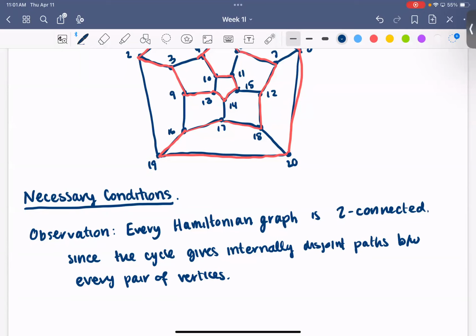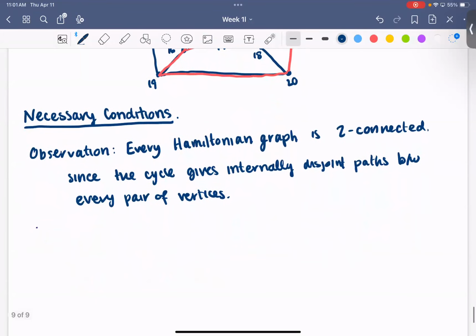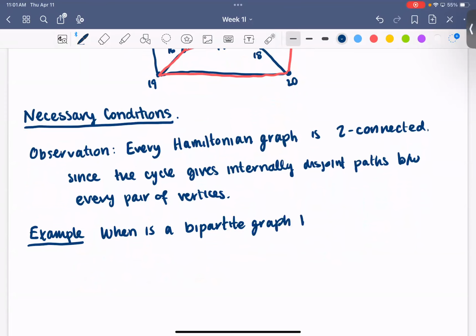But it's possible for us to strengthen this condition. So let's look at an example. The question will be, when is a bipartite graph Hamiltonian? Take a second to think about what this would mean, and then we'll discuss after.